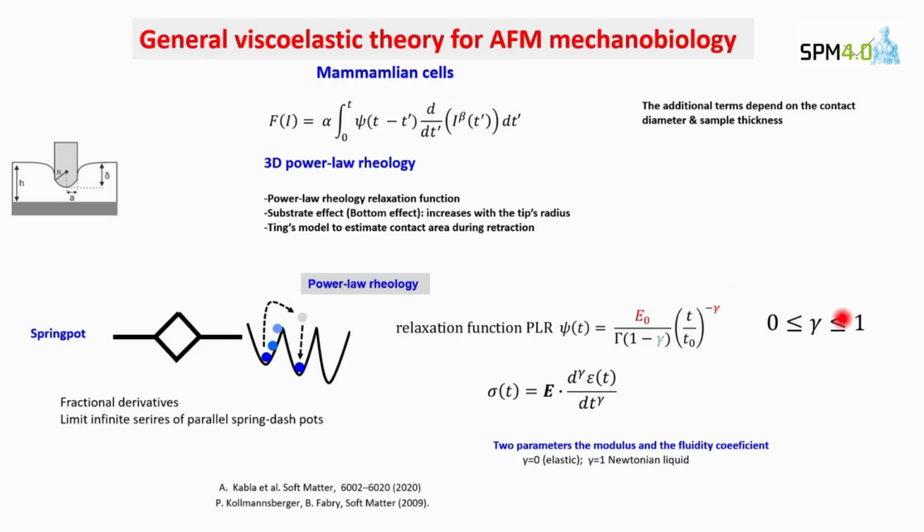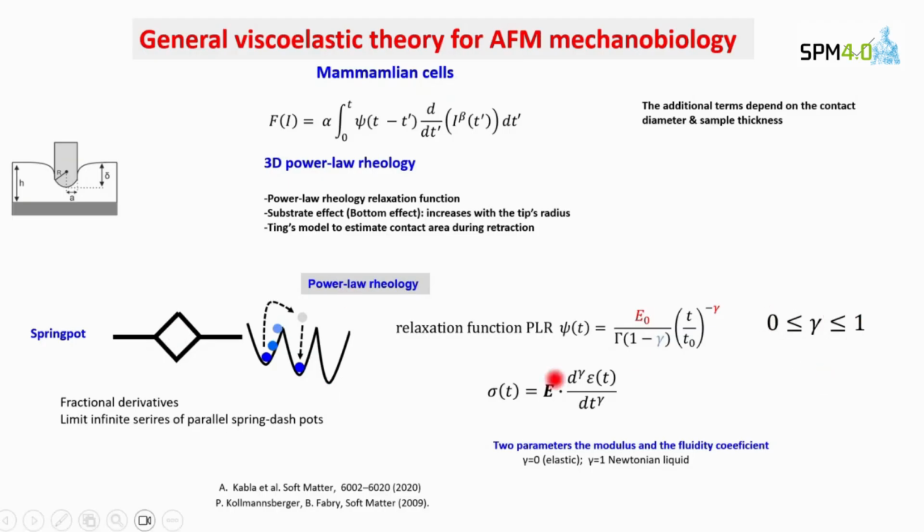The fluidity coefficient changes between 0, an elastic solid, and 1, a Newtonian viscous liquid, an ideal liquid. And for a cell, you will be in between.